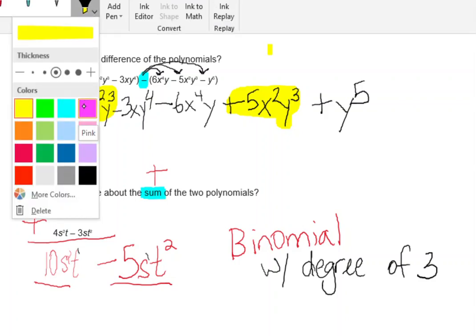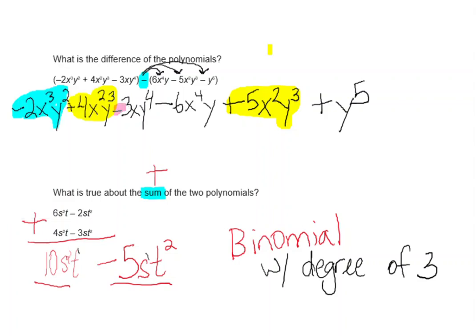Now look to see if you have any terms like -3xy to the fourth. Keep in mind the negative stays with that 3. That sign in front of it stays with that. That's a -3xy to the fourth. Are there any other terms that have x and then y to the fourth?